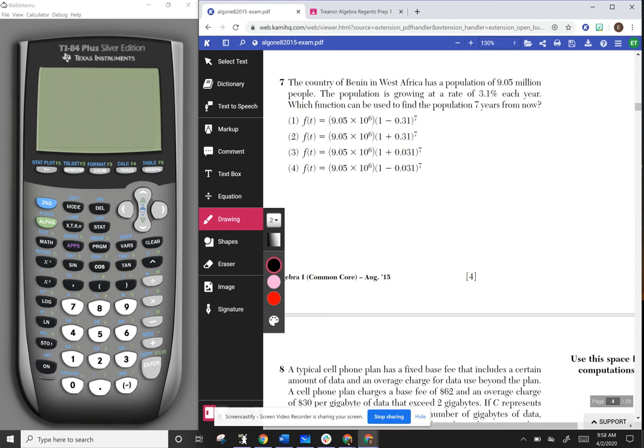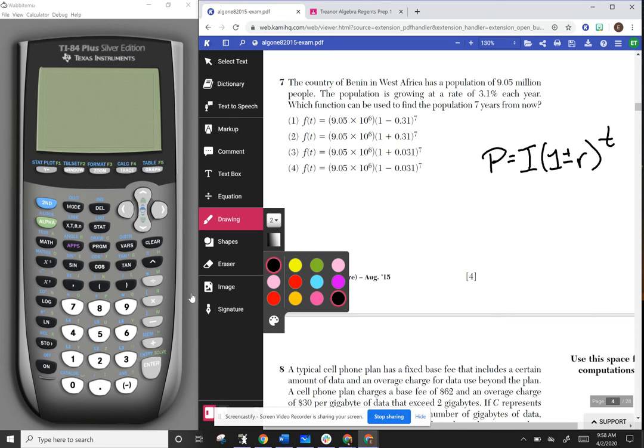So this is going to use a formula that we say P equals I times 1 plus or minus R to the T. Okay, and the P is going to be the population.